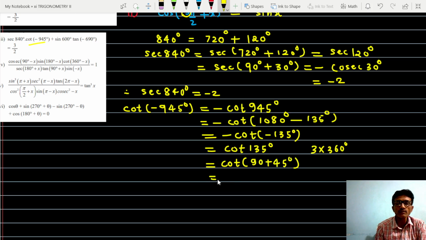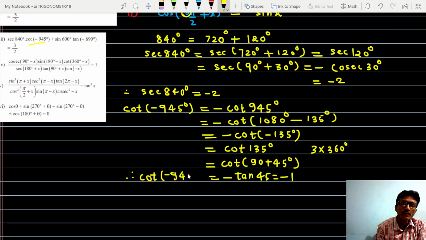It is in the second quadrant, and in the second quadrant cot is negative, and cot will change to tan of 45 degree because of 90 degree, and it is equal to 1, so it will be minus 1. Therefore cot of minus 945 degree is equal to minus 1.